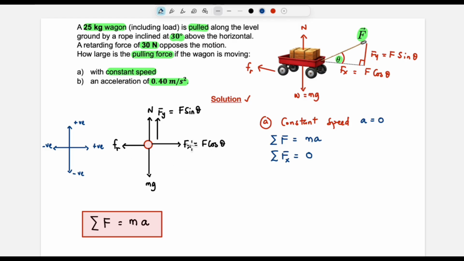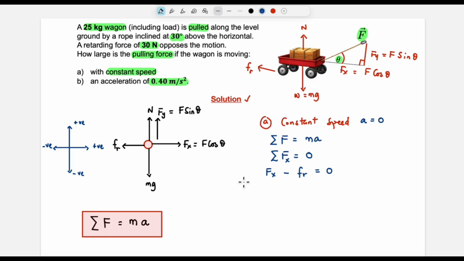If you look at the free body diagram, we can see all the forces that are pointing in the horizontal direction. In that case, we have Fx to the right, so it is positive, and then to the left, we have the retarding force, which is Fr, and that is equal to 0. So this left-hand side here is our net force because we have summed all the forces that are acting on this wagon. Since speed is constant, the acceleration is 0, so the right-hand side is 0.